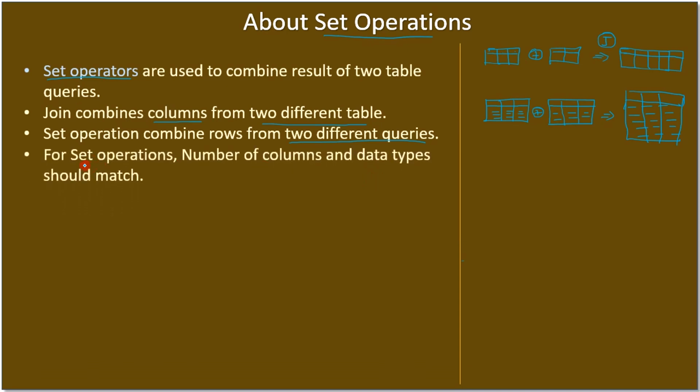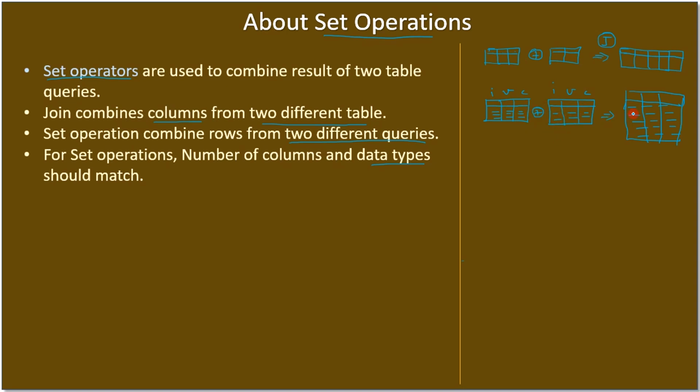For set operations, the number of columns and data types should match. So if the data types here are integer, varchar, and currency, they should be the same here: integer, varchar, and currency. That's one condition: data types should match, and obviously the number of columns should match.